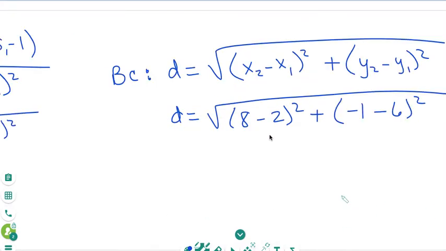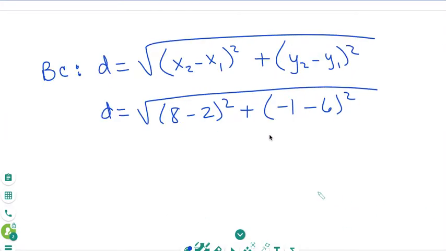Now we're going to find the length of BC. Again, we're going to use our ordered pairs. B is 2, 6, and C is 8, negative 1. So our x2 is 8, and our x1 is 2. Our y2 is negative 1, and our y1 is 6.